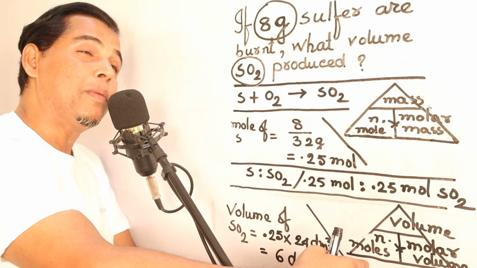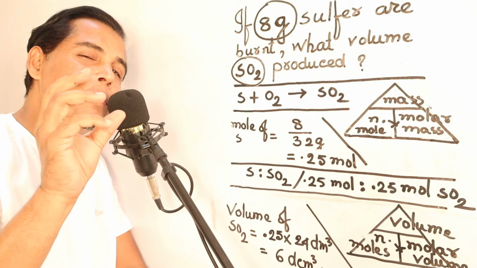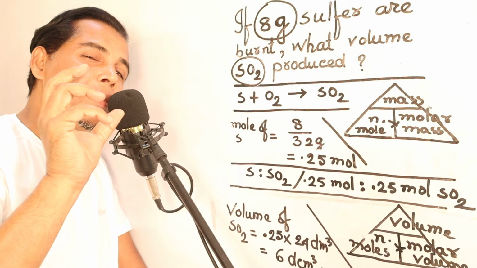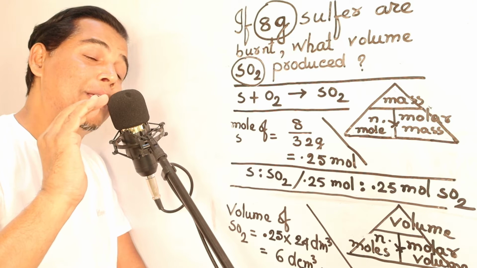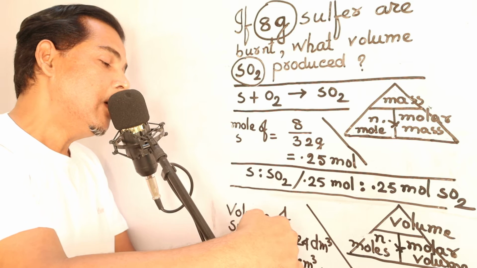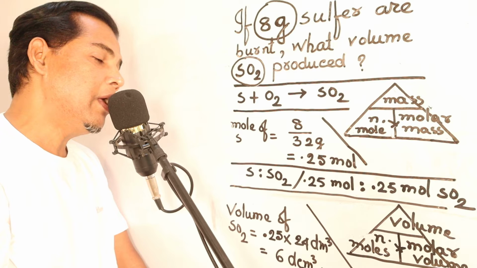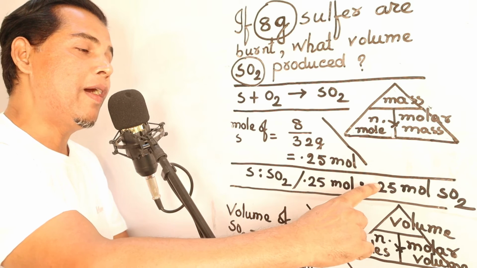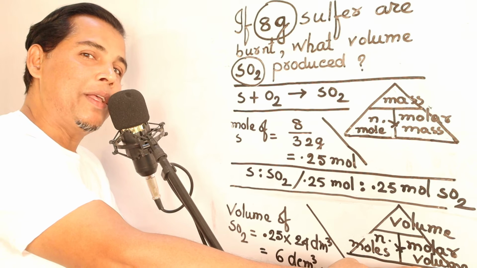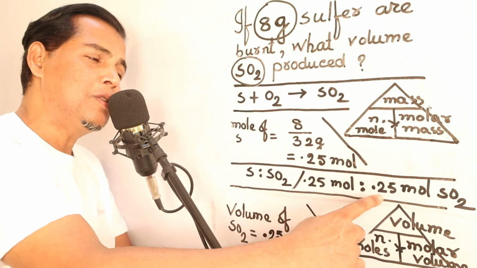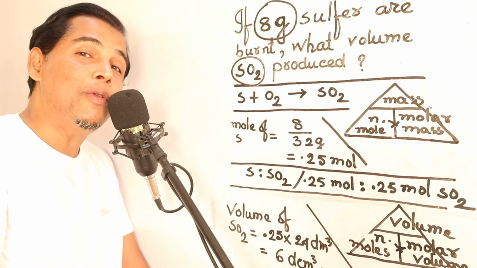Volume is equal to number of moles times molar volume. How much volume 1 mole occupies is called molar volume, and that is always 24 cubic decimeters. For getting the volume, you put in the value 0.25 here, and the molar volume is fixed, 24. If you multiply 0.25 and 24, you will get the volume.